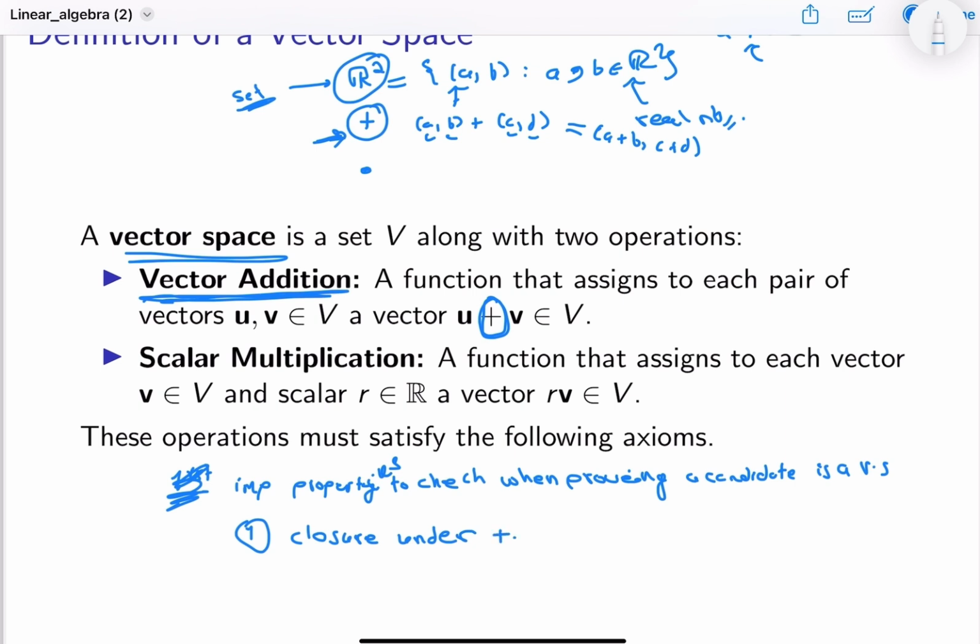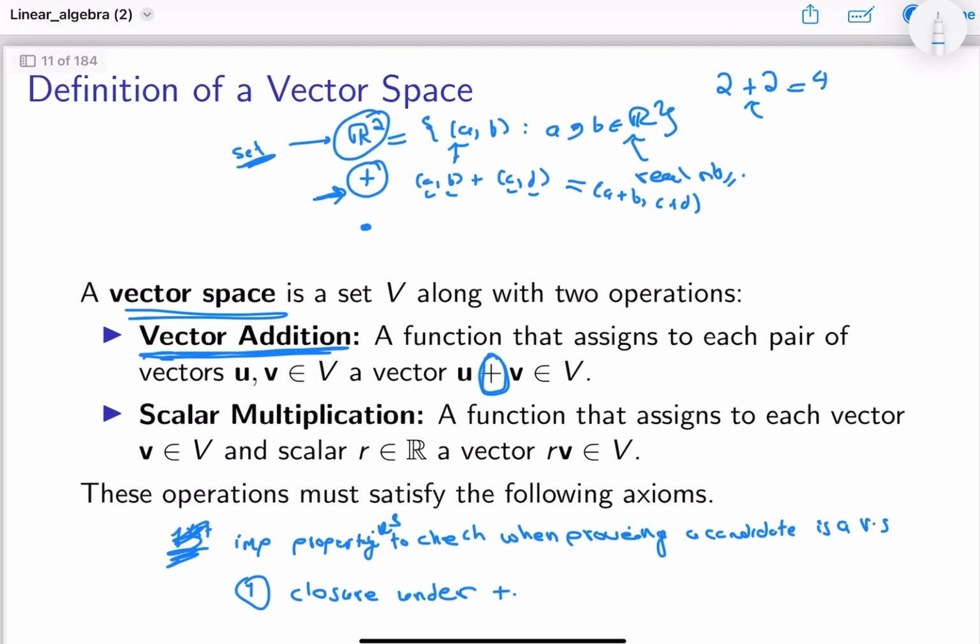So what do I mean by that? I mean that if you take two vectors in the vector space and add these two by the addition that you defined, you should get a vector that is still in the same vector space. This is the notion of closure under addition.